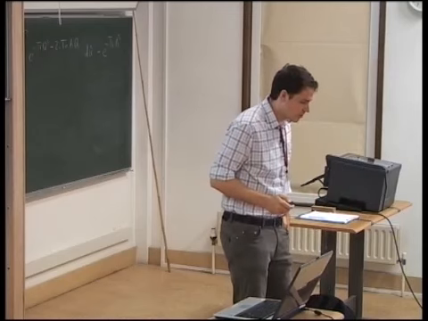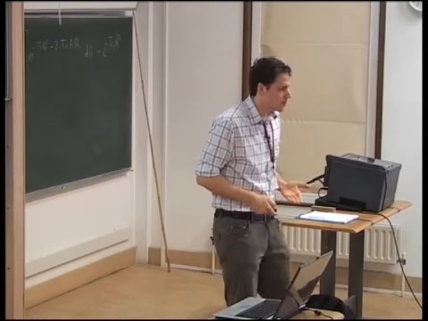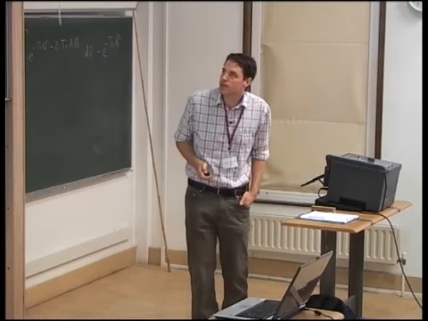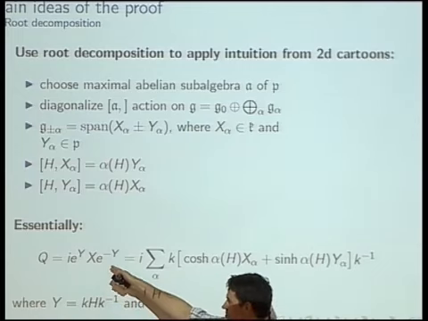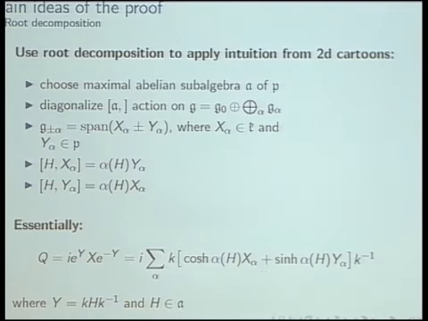So how do I get to this cartoon picture? The idea is that you have to simplify this expression, this parametrization. And the idea how to do this is root decomposition, in fact a restricted root decomposition. So choose a maximal abelian subalgebra A of the P part. Just think in the example of the maximal abelian subalgebra of the off-diagonal Hermitian part. Then diagonalize the commutator action of A on the Lie algebra.